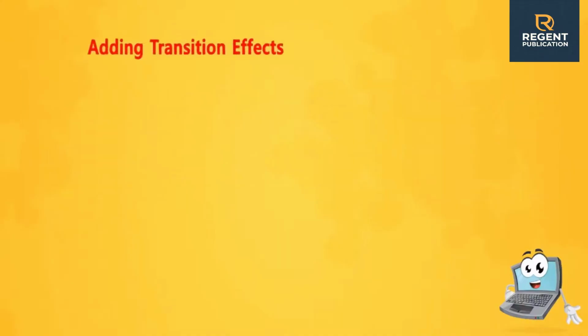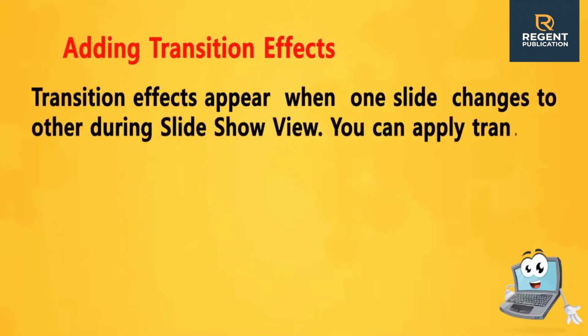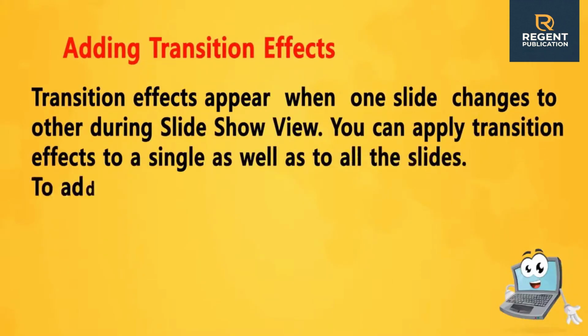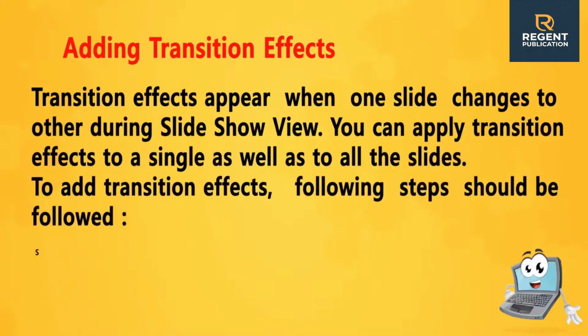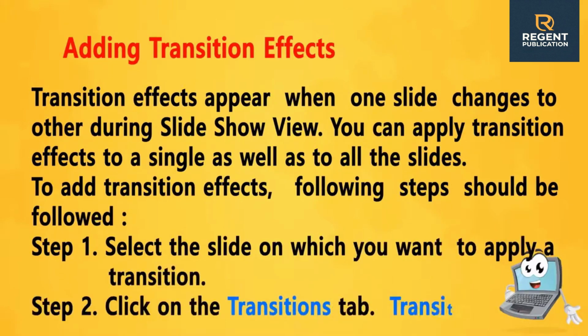Adding transition effects. Transition effects appear when one slide changes to another during slideshow view. You can apply transition effects to a single slide as well as to all the slides. To add transition effects, the following steps should be followed. Step 1. Select the slide on which you want to apply a transition.